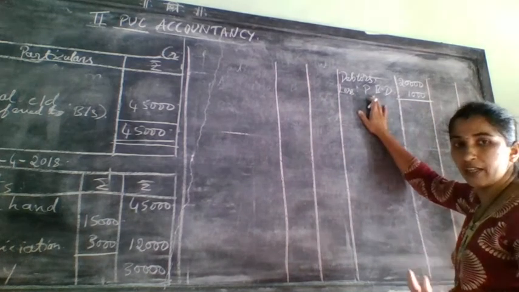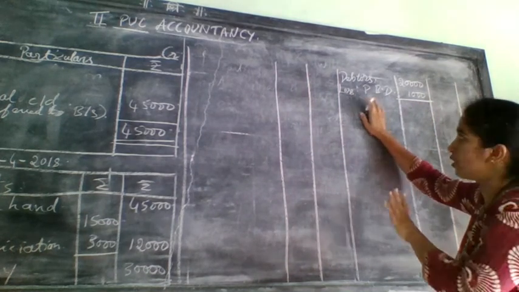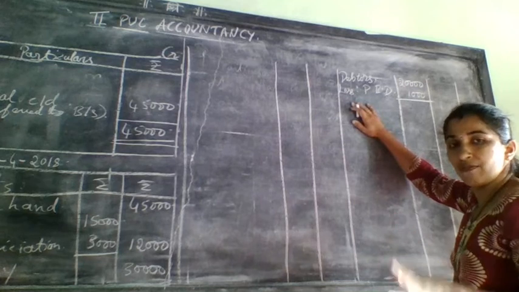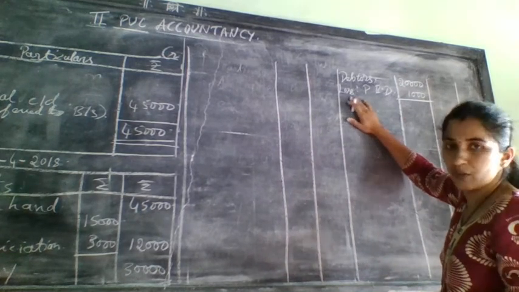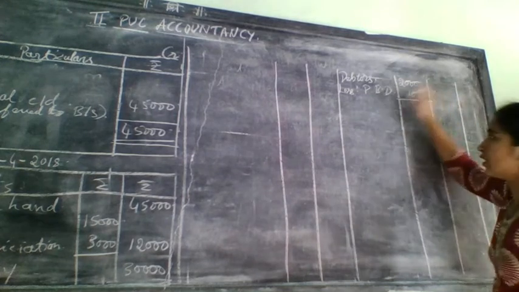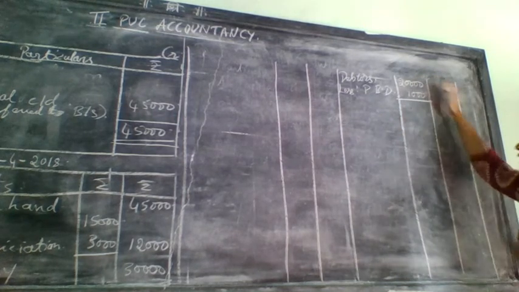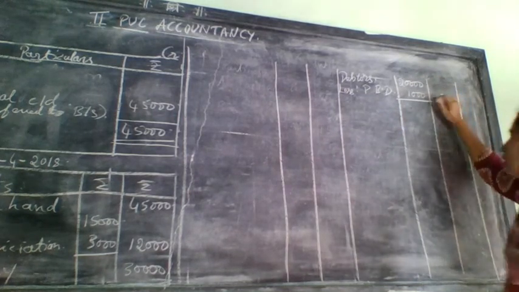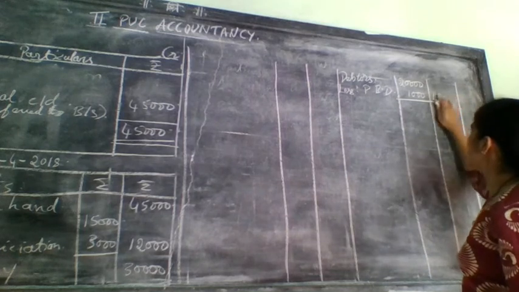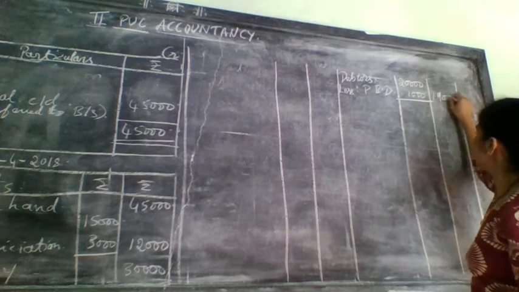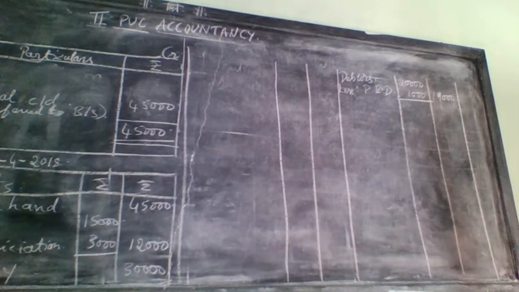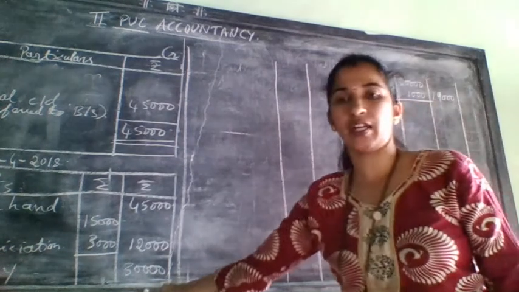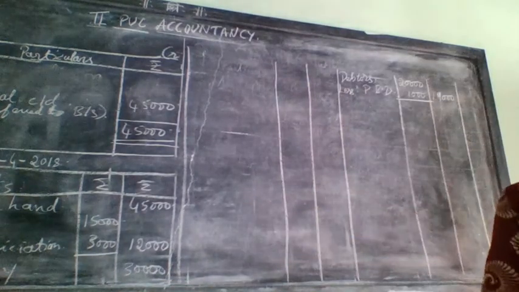PBD maintained, increased, whatever it is, you need to do less. If they have given PBD recovered, then only you need to add. So now it is less. 20,000 debtors, PBD 1,000, 20 minus 1, it will become 19,000. Understood?